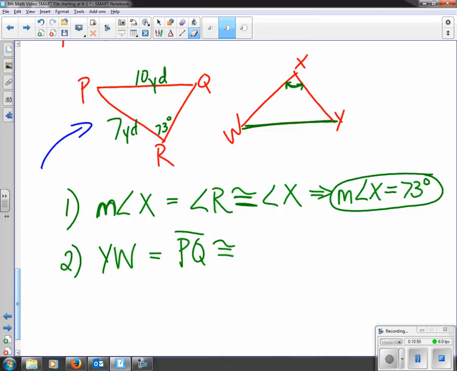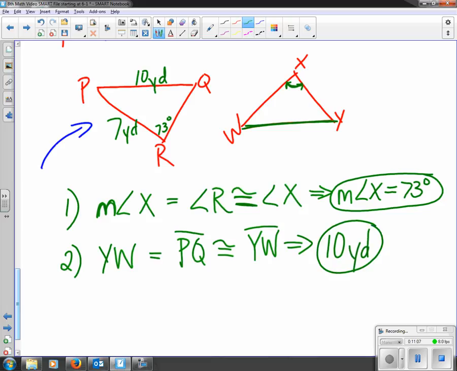Doesn't matter if you write it left to right or right to left. YW. Okay, so the measurement then would be, the distance would be 10 yards. Okay, so this is 10 yards.